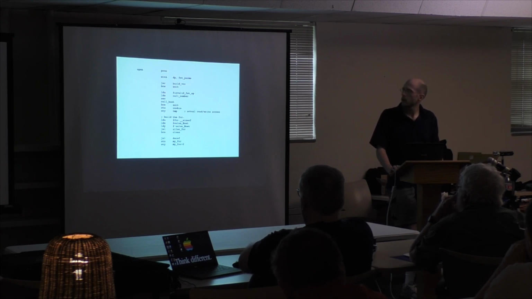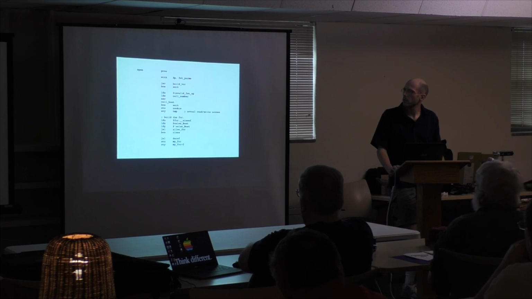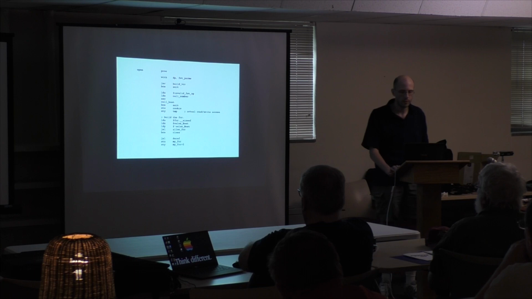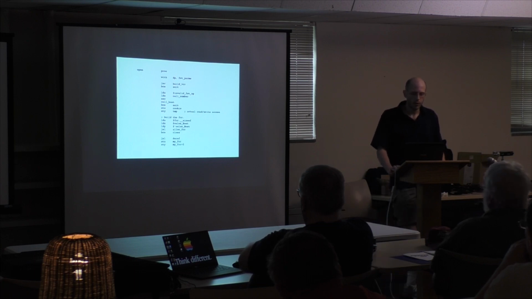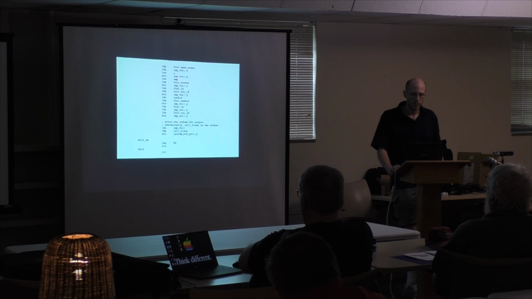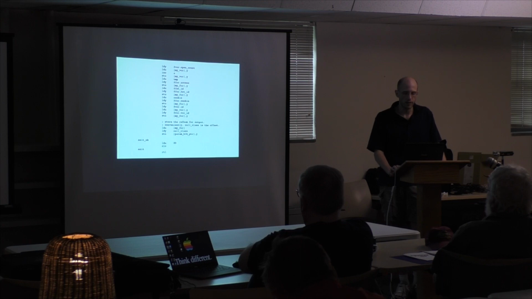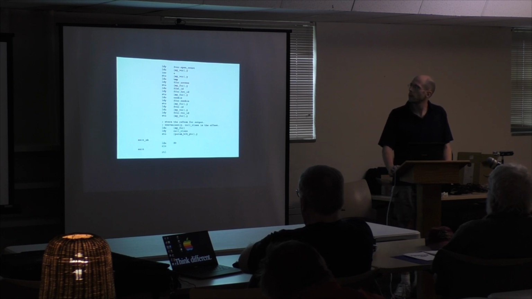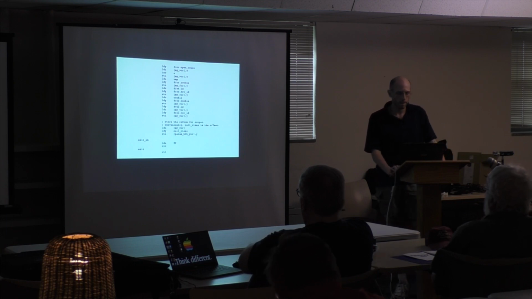The host GS Plus emulator returns a cookie, which is the native reference number, basically a file descriptor, which we store into a file control record. So we create a file control record, then update it with the file access, the file system ID, our cookie, and we update the open count on the volume control record.